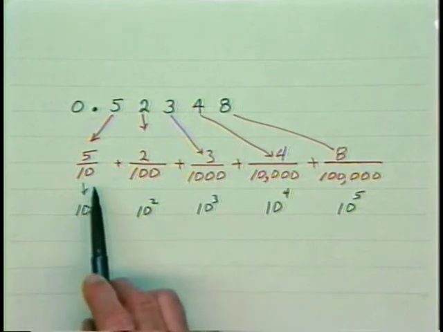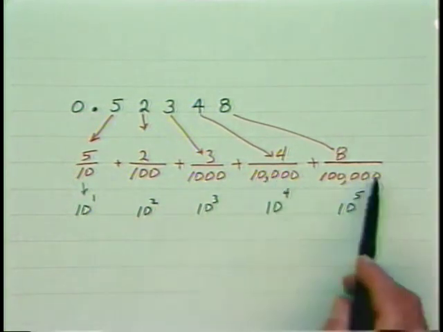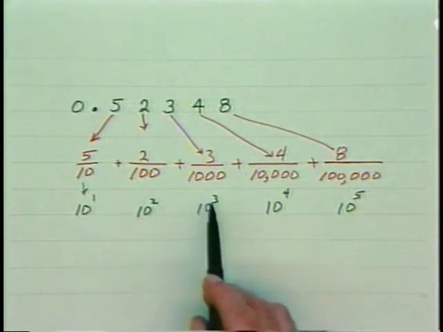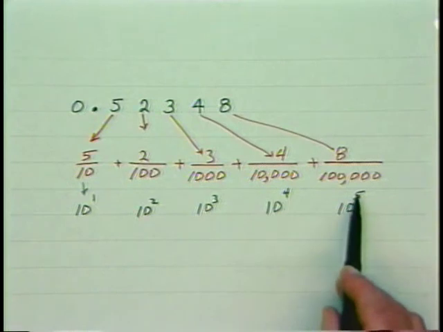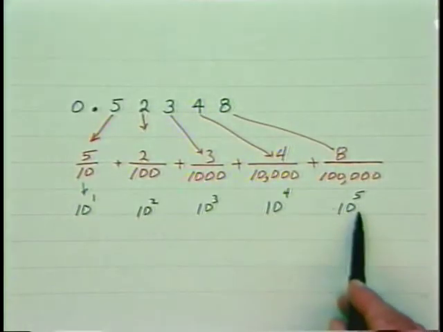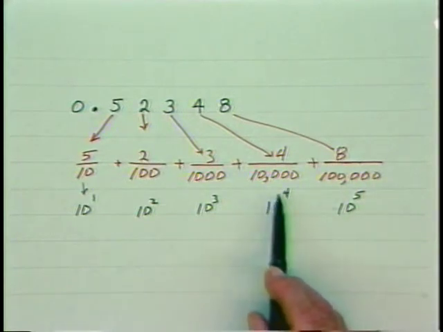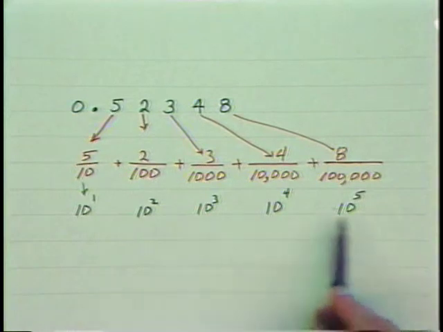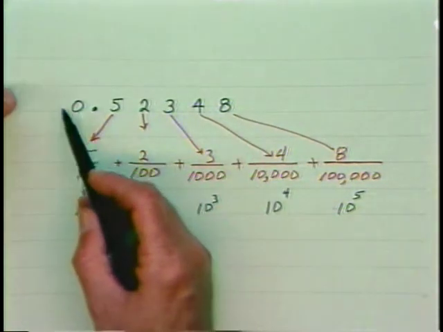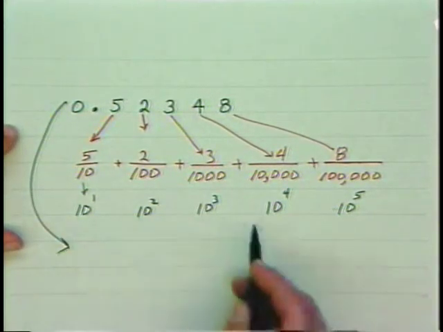And recall, when these are powers of 10 greater than 1, these exponents in effect count the number of zeros following a 1. So 10 to the fifth is 1 followed by 5 zeros, 10 to the fourth is 1 followed by 4 zeros, and so on.